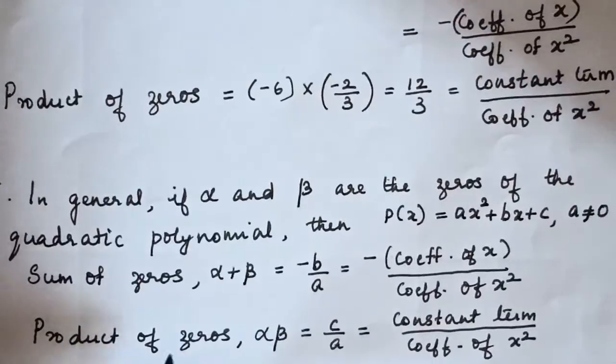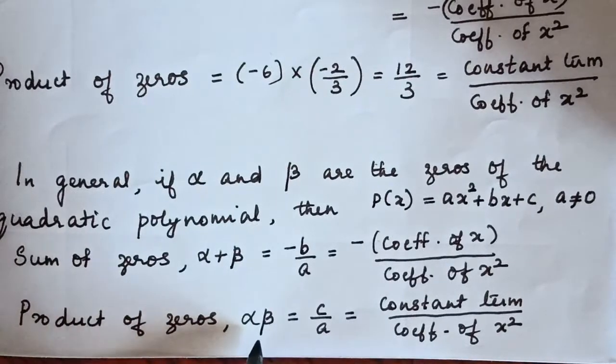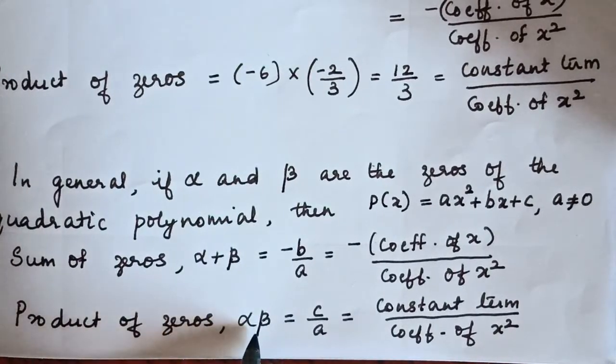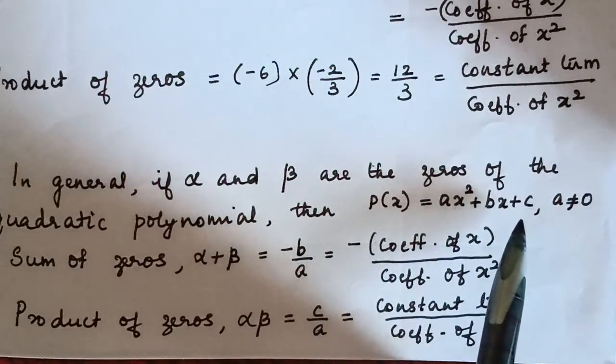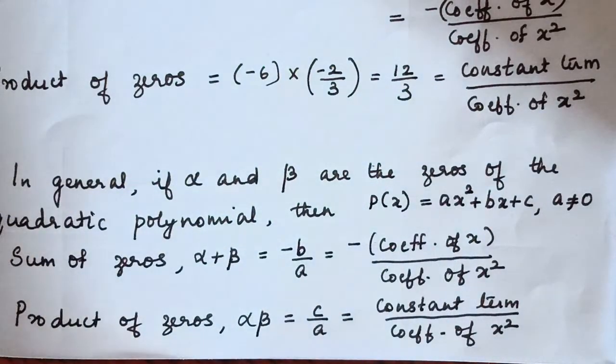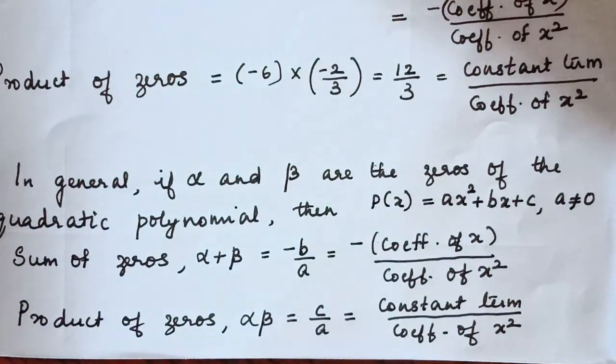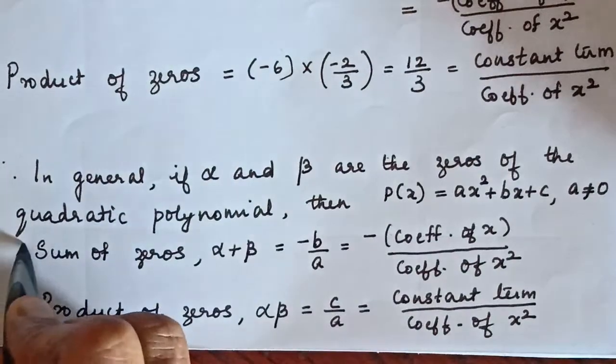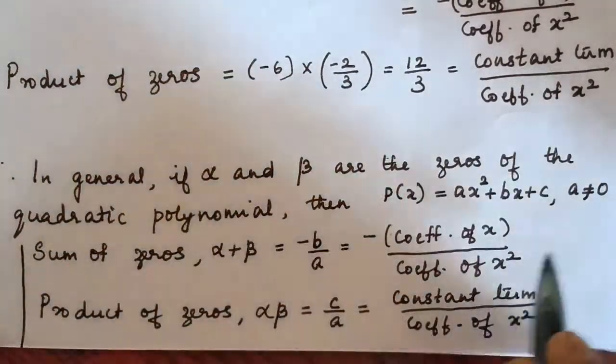And the product of zeros is equal to alpha beta, which is equal to c by a. What is c? It is the constant term, and a is the coefficient of x squared, that is constant term by coefficient of x squared. This you have to keep in your mind.